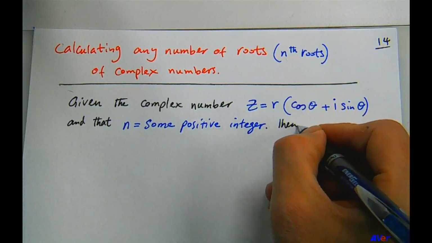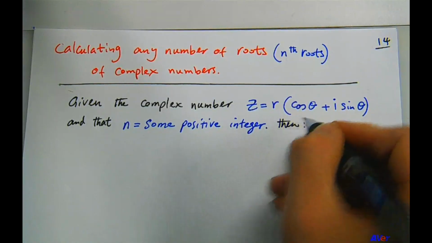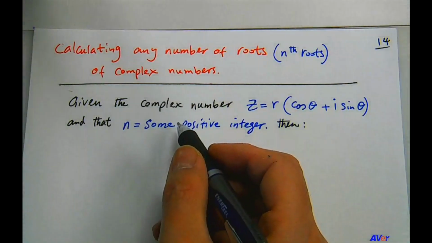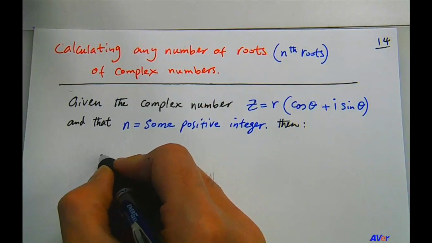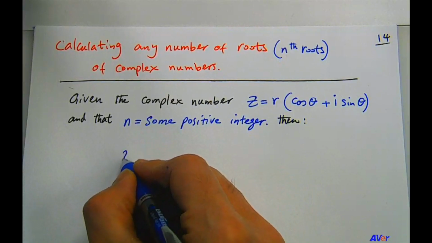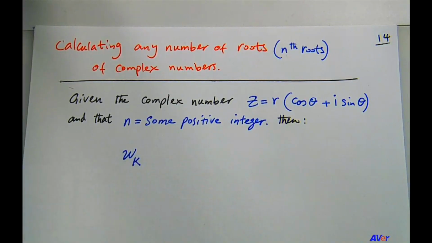Then we have this formula for finding the nth roots, or as many roots, of a complex number. The formula is as follows. W with a subscript k.